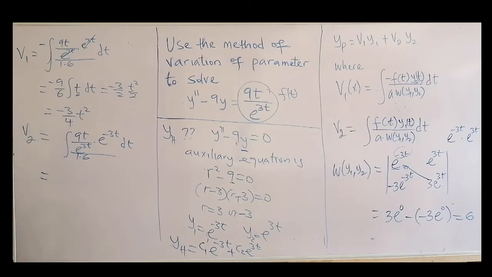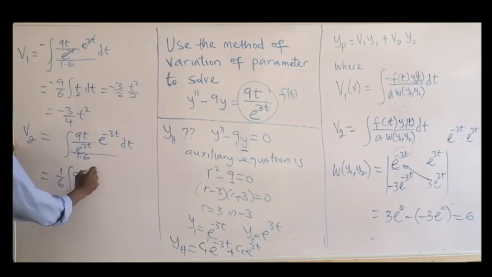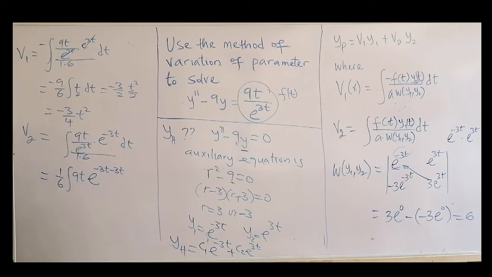That will become 1. Now this 6 we can go outside. 1 over 6 into brackets 9t. This one will become e^{-3t}, and then minus this also, minus 3t minus that, because we are dividing, and then the t.